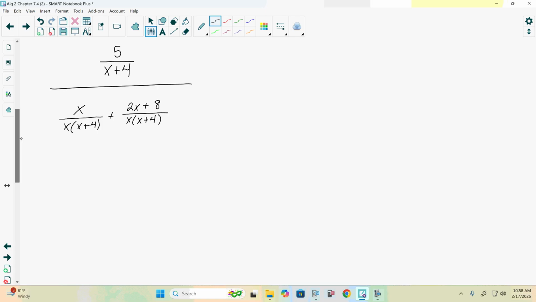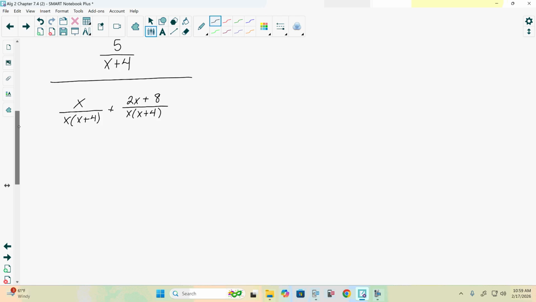Hopefully you're noticing this is very similar to what we did Thursday and most of last week, but instead of having just that one expression, it's just looking at the bottom of the fraction. Same thing. Because now at this point, because the denominators are the same, we can add the numerators.